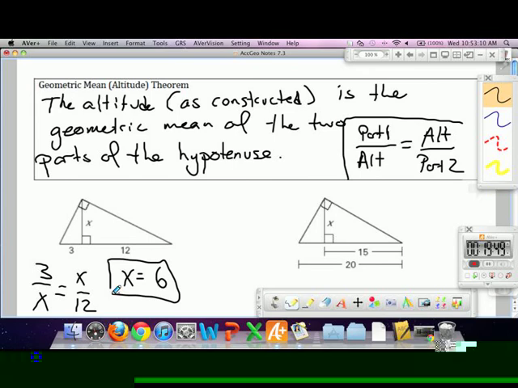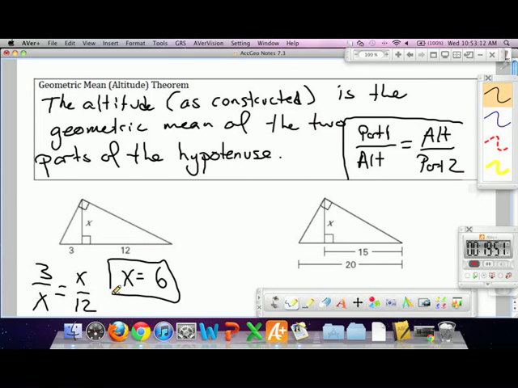In our second example, a very similar setup, I know I'm going to involve the altitude, and I can figure out what the two parts of the hypotenuse are that I've divided up. I didn't explicitly tell you as I did in the first one, but we can quickly figure them out. This part's 15, therefore what's this chunk? 5.